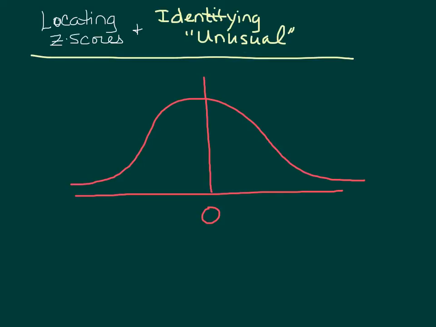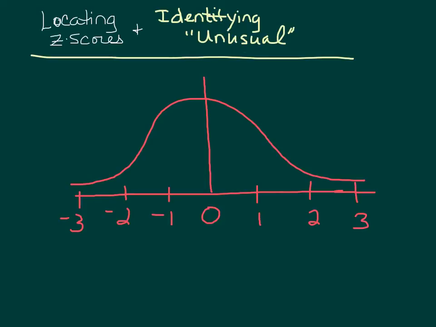And along the bottom here, you have essentially a basic number line. And your z-scores go at 1, 2, out to 3 standard deviations. And on the left-hand side, you have -1, -2, and -3 standard deviations.